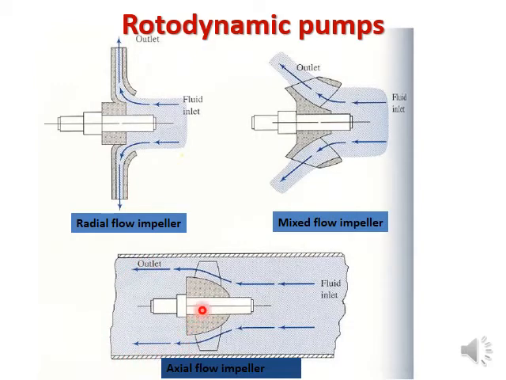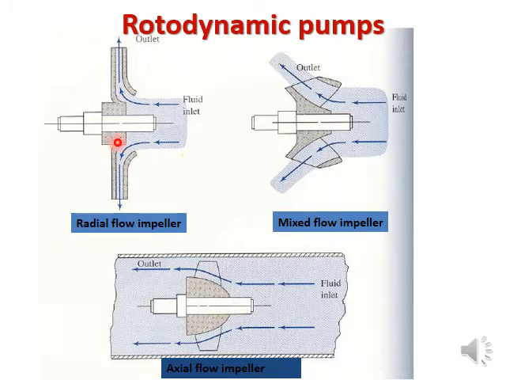If you see here, a fluid particle that enters here remains at the same distance from the axis of rotation. This is the axis of rotation. So fluid particles move like this, take a spiral path, but remain almost at the same distance from the axis of rotation.